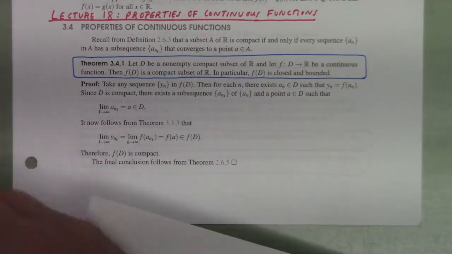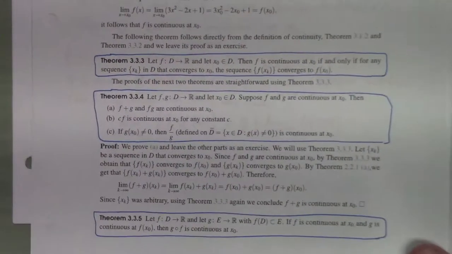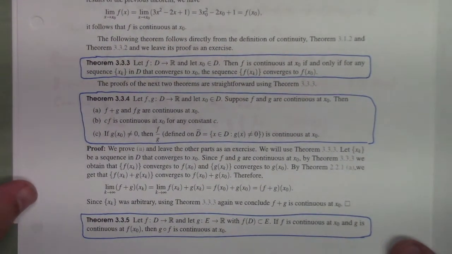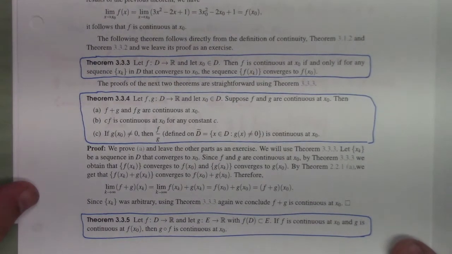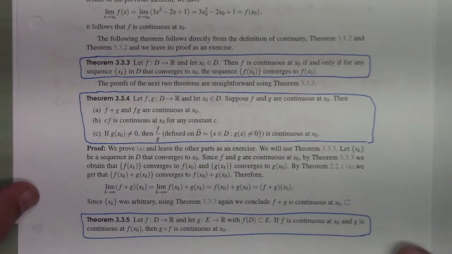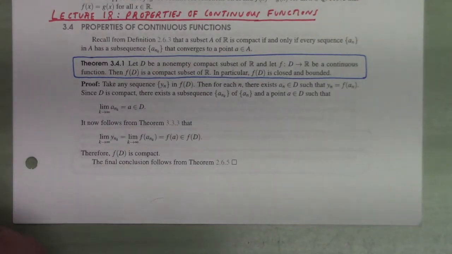Theorem 3.33 was this guy. A function f is continuous at x naught if and only if every sequence which converges to x naught, the sequence of values likewise converges to the value at the limit point. Okay, great. If and only if, right?